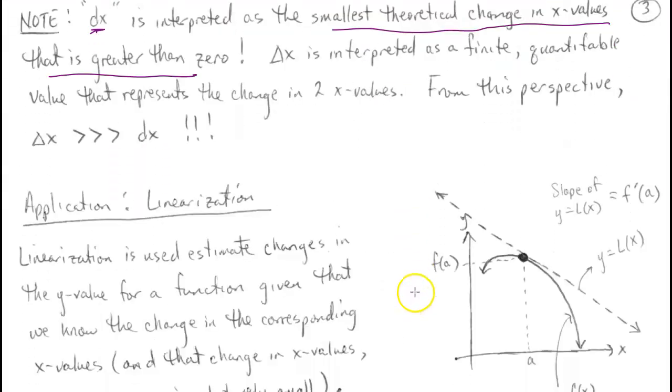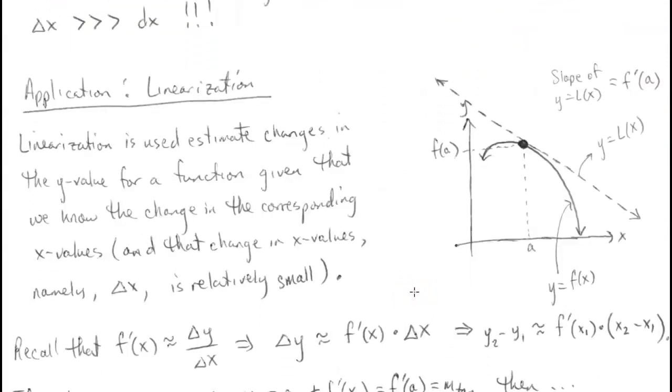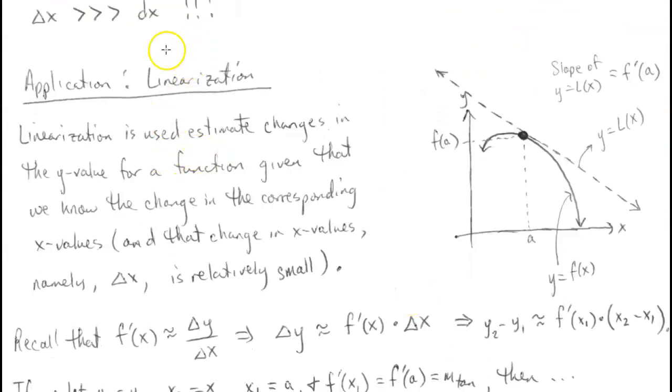All right. Now, an application of what we're talking about here is linearization. The basic idea behind linearization is this, and I'm going to focus on this graph for a second before I get into all the math notation. If you notice for this function f of x, we've identified this point a, f of a.